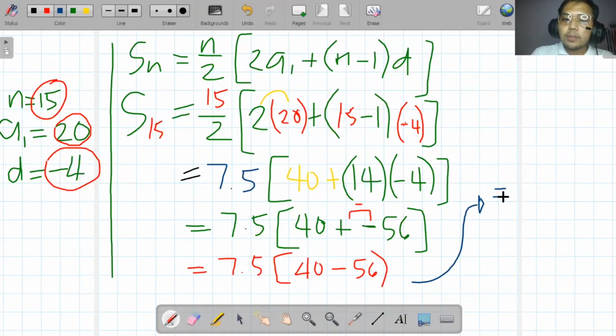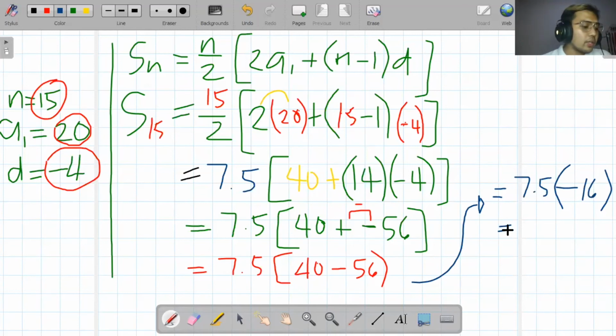That's equals, copy 7.5, and then multiply that with 40 minus 56. So that would be negative 16. And again, this is decimal times an integer, negative. So okay, you can use your calculator or whatever. 7.5 times negative 16.